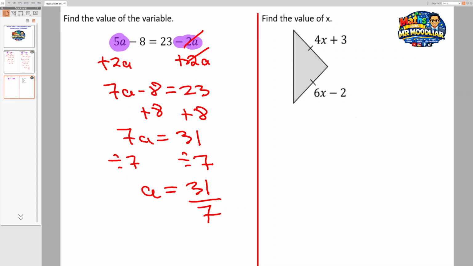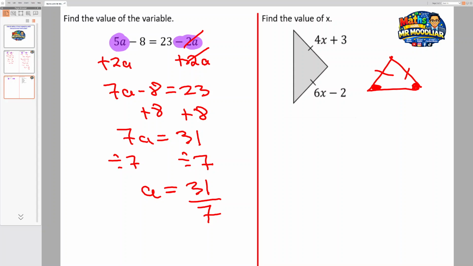Now, if we look at the last question, it's a beautiful maths question, quite juicy or quite meaty. We have an isosceles triangle. We know from the isosceles triangle that two sides are equal. Let me just write it. From an isosceles triangle, two sides are equal, and at the same time, two angles, the base angles of an isosceles triangle, are also equal.